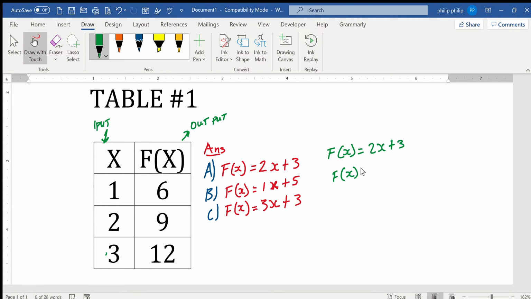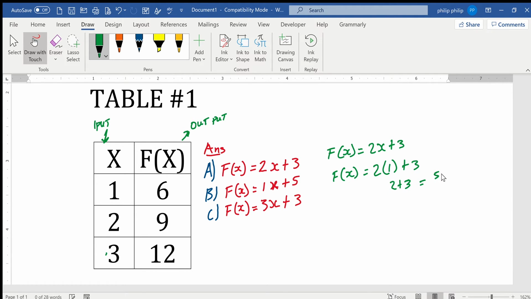Okay, so remember, this is our input. So whatever we see x in this equation, we're going to put our first input value. So we have 2 times our input value, which is what? 1, right? So we put 1 in, plus 3. Okay, so now 2 times 1 is 2, plus 3. So 2 plus 3 is equal to what?